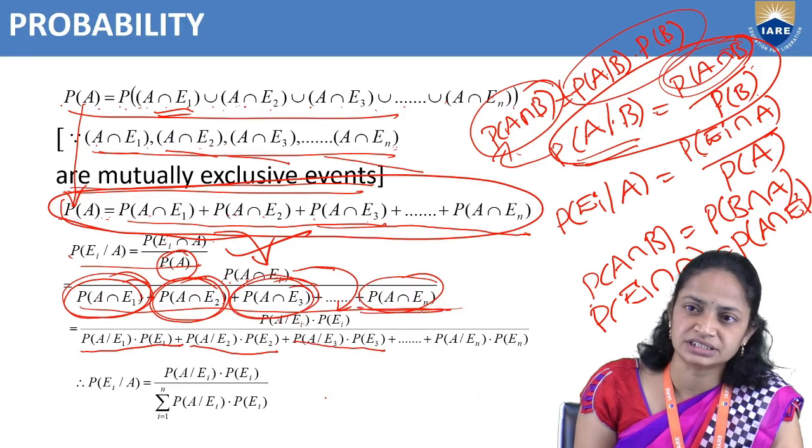P of A intersection En can be written as P of A given En times P of En.